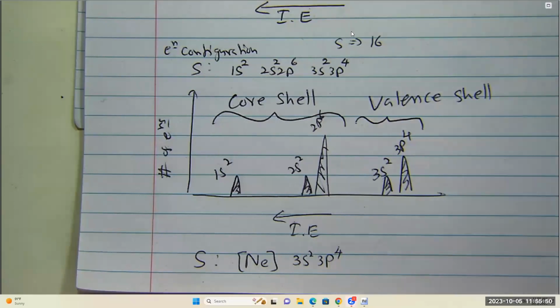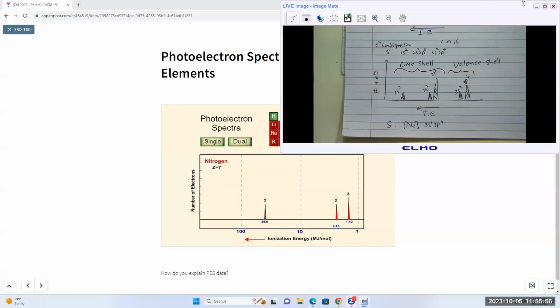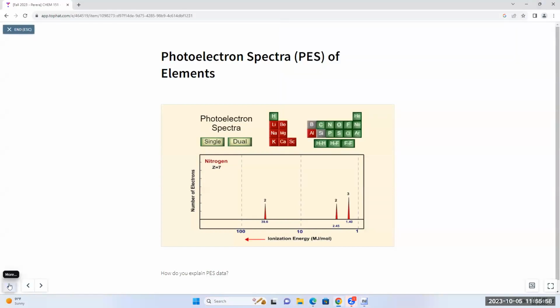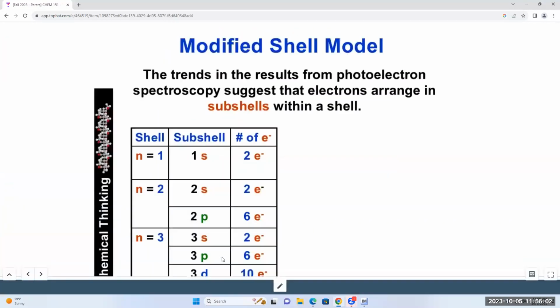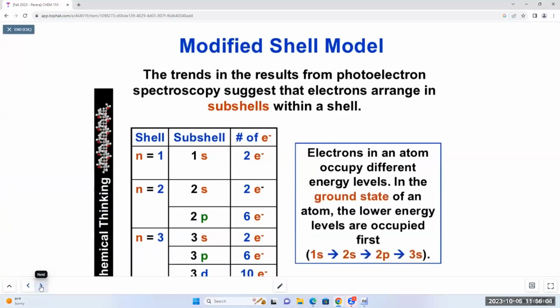Okay. So with that, let's have some fun with this. Oh, before we have fun, I'm going to break your heart a little bit. We know that we modified the shell model because the shell model failed. It turns out even the modified shell model is not completely correct. Sorry.